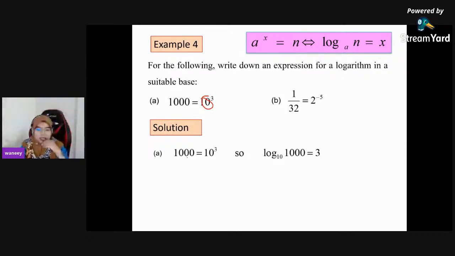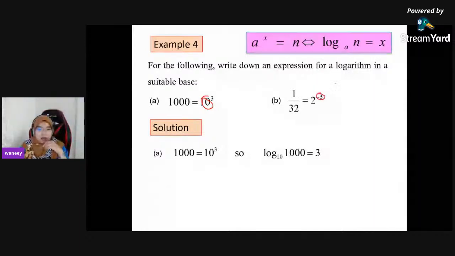So 1,000 is equal to 10 cubed. So that means log to the base of 10 of 1,000 is equal to 3. So this is the index, the exponent. For B, this is what our answer wants, the index. So that means log base 2 of 1 over 32 is equal to negative 5.